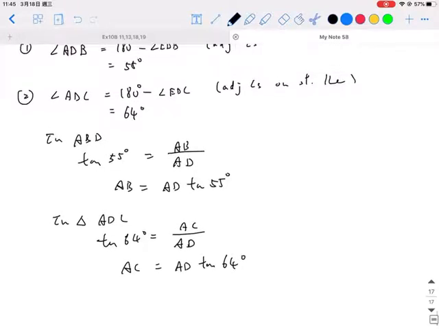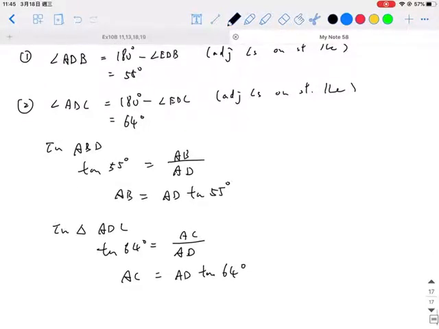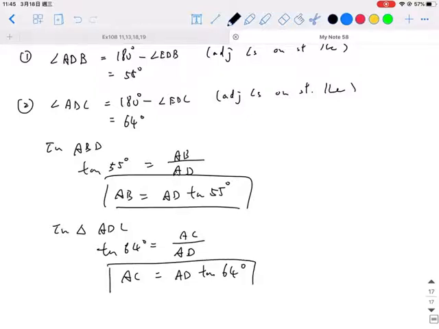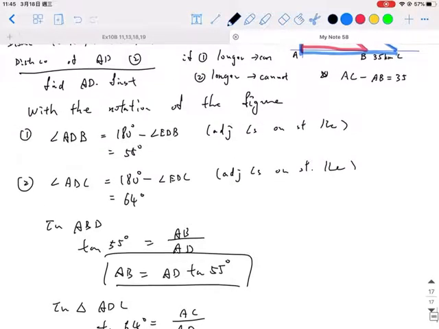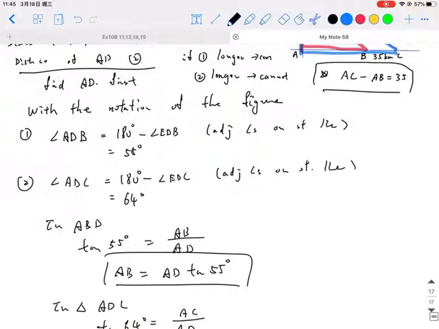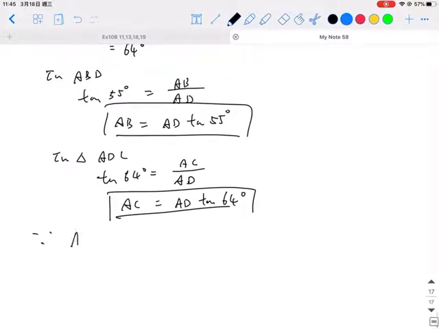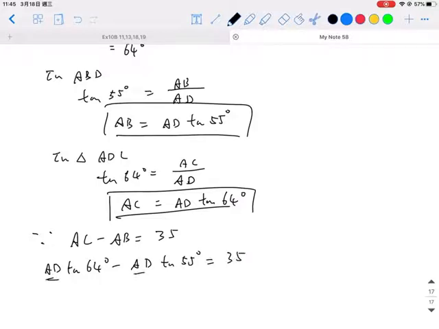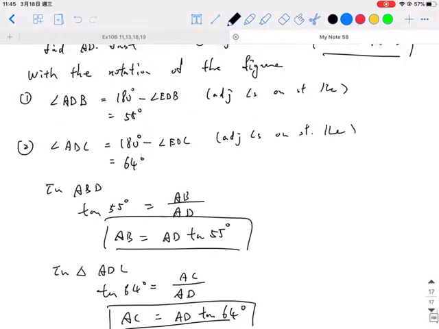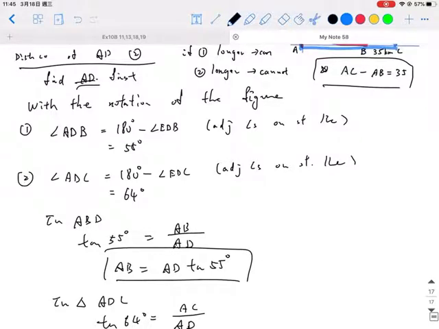So in conclusion, as we know, AC minus AB is equal to 35 kilometers. So I substitute in it. AD tangent 64 degrees minus AD tangent 55 degrees is equal to 35. Now we have only one unknown, and this is our target because we need to find AD first.